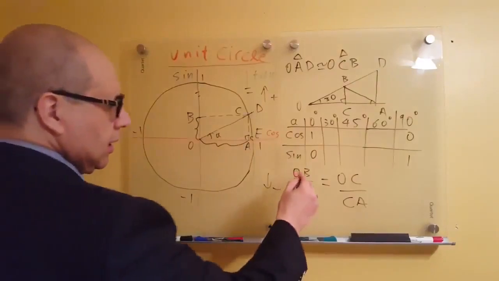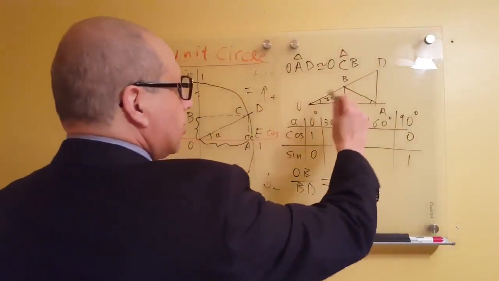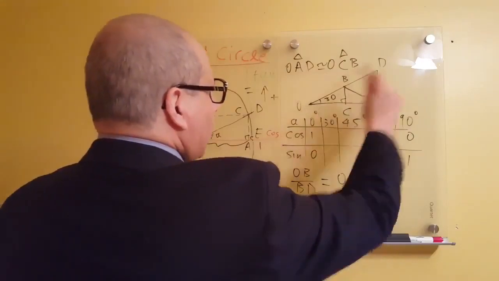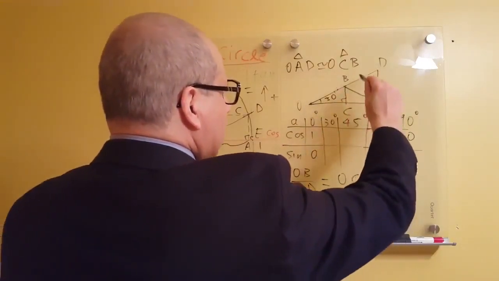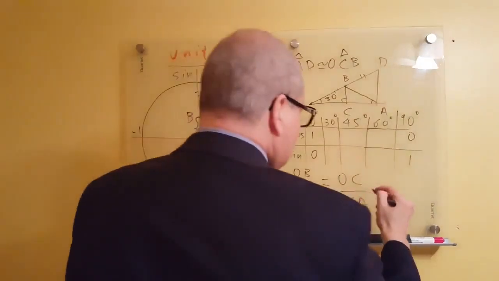And since this ratio is equal to 1, because B is the middle of OD, OB is equal to BD, so OB over BD is equal to 1.